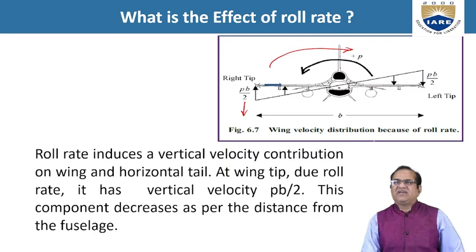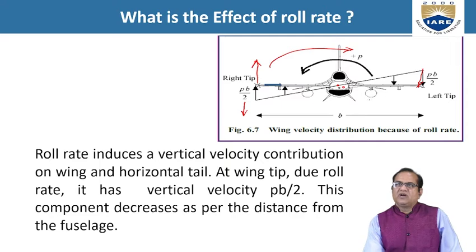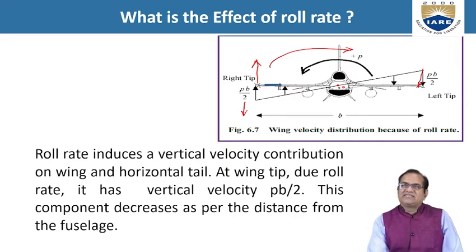If you see the distribution of the vertical velocity, at the center it will be 0, and as you go to the tip, a huge amount of force will act at the tip.